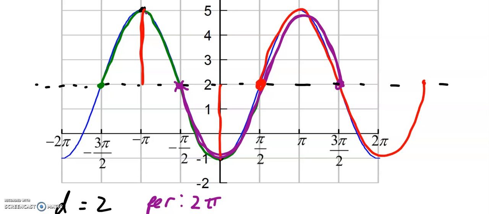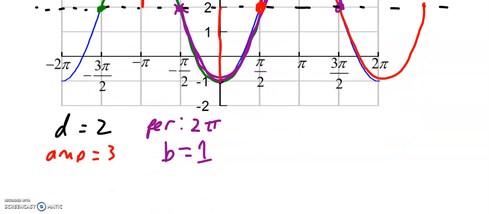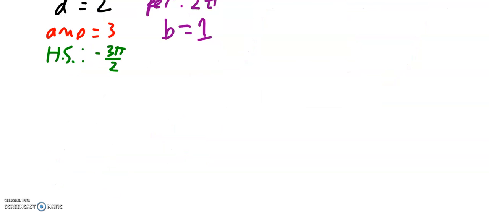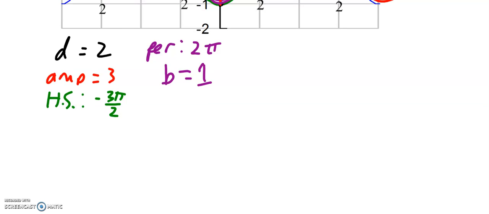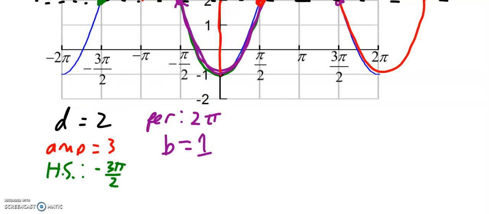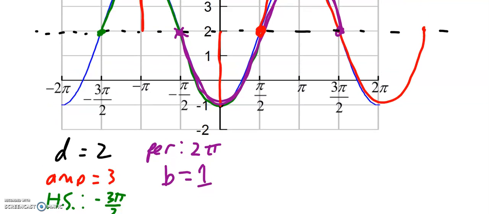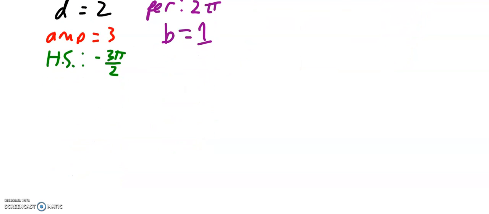Let's do 2 different examples. So what if I choose the negative 3π/2? So if I say my horizontal shift is negative 3π/2, then I'm going to go ahead and write this equation. If I choose the negative 3π/2, that's a positive sine curve. So I'm going to say y equals, our a value is going to be 3 then.